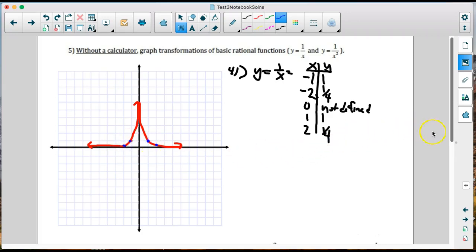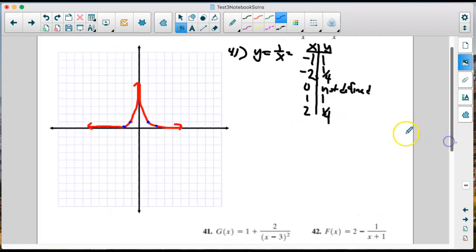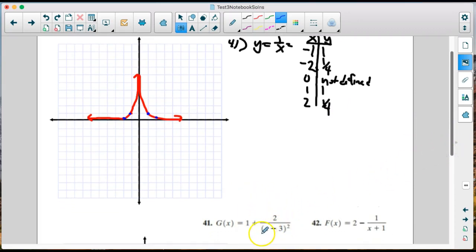Now, we're going to look at what's happening to this graph when we do these things here. The first transformation is what we're going to do inside this parenthesis. This is a shift right or left. In this case it's minus, so we're going to shift right 3 units.